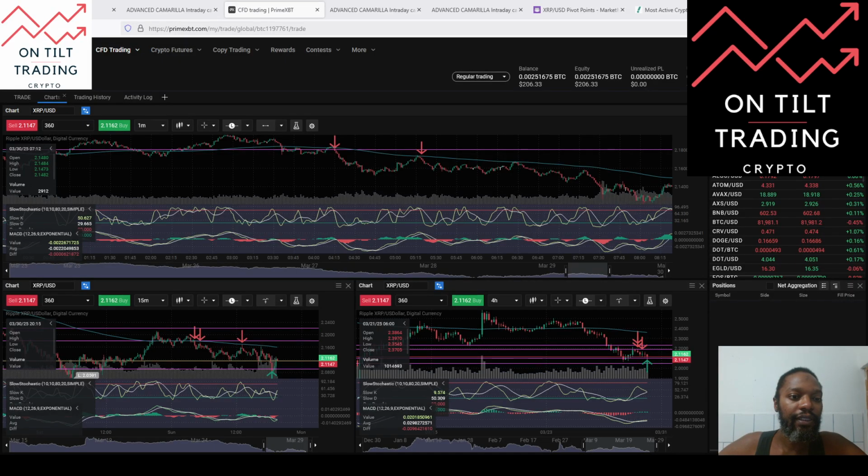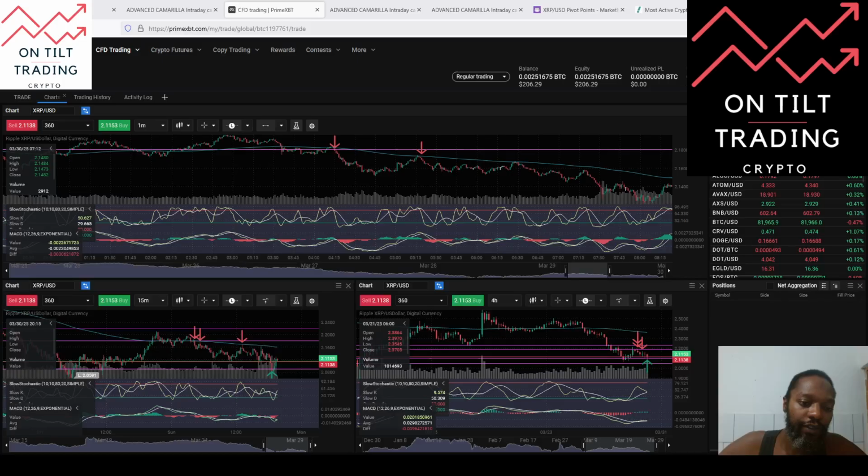So this is the 1 minute chart. This is the 15-minute chart. This is the 4-hour chart. This purple line that you're seeing here, this is Camarilla pivot R3 right here.